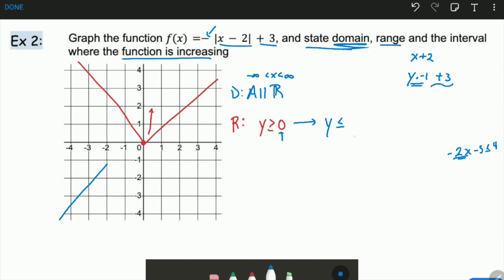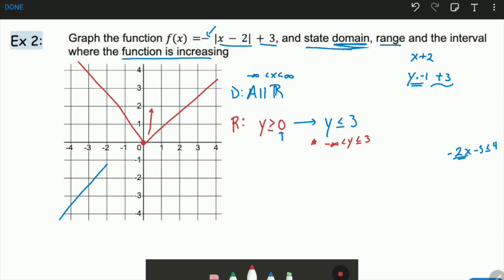Multiplying by -1 doesn't do anything to the number, but does change the inequality sign. And we'll add 3 to 0. So 0 plus 3 is 3, which is the same thing we got previously, just without the infinity. Negative infinity less than y less than or equal to 3. Same thing we got earlier.